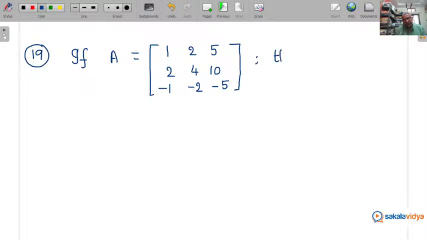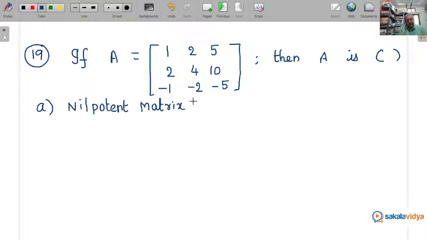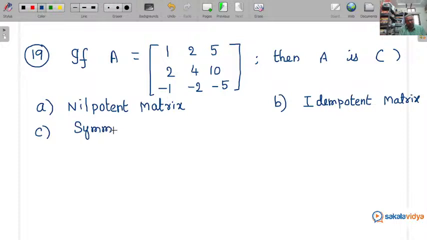Then A is: option A, nilpotent matrix; option B, idempotent matrix; option C, symmetric matrix; option D, involutory matrix.